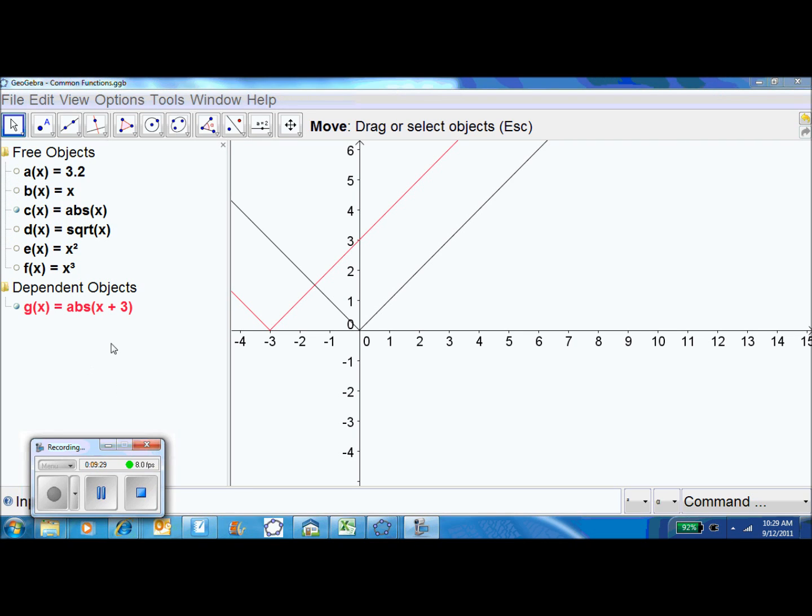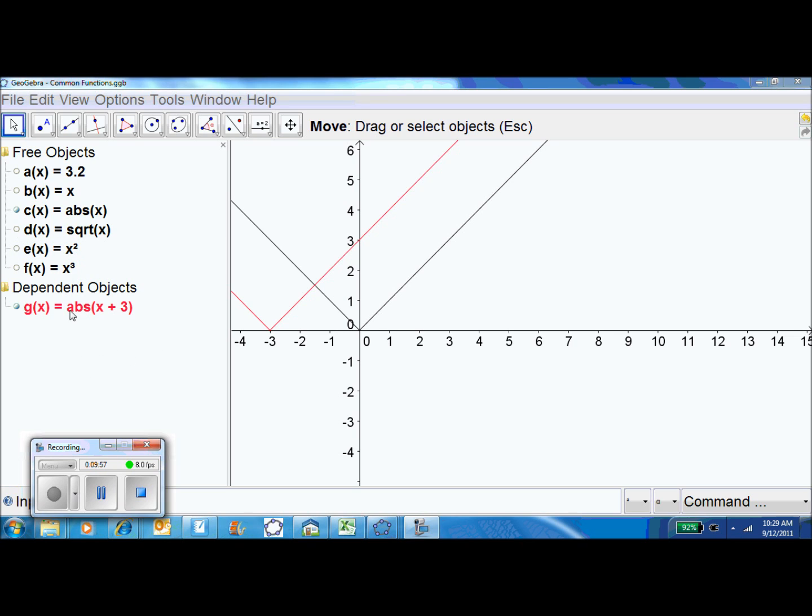We can see here that when we do the absolute value of x plus 3, or g of x as f of x plus 3, it actually shifts it not 3 to the right, but 3 to the left. That's because it's actually compensating. You're not adding 3 onto the x's to get the same graph. X will think, I have to put a negative 3 to get the vertex I had before. See how you would put negative 3 in? You actually get the absolute value of 0, so that's why it's 0.